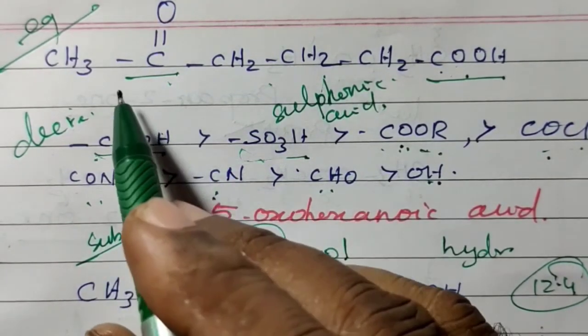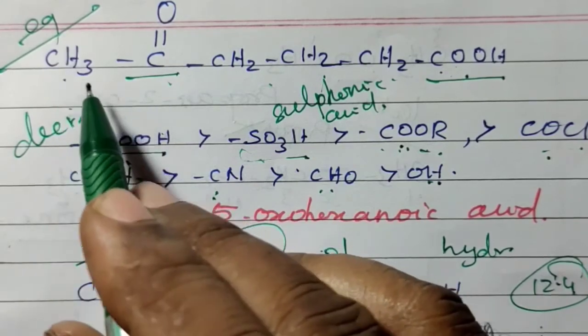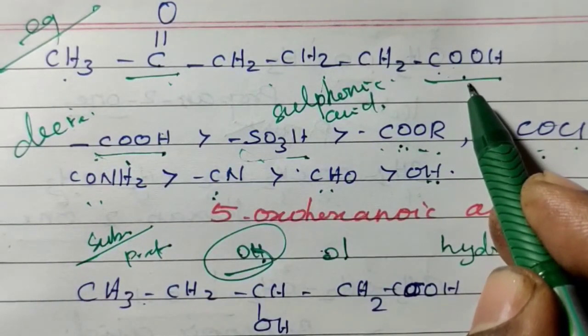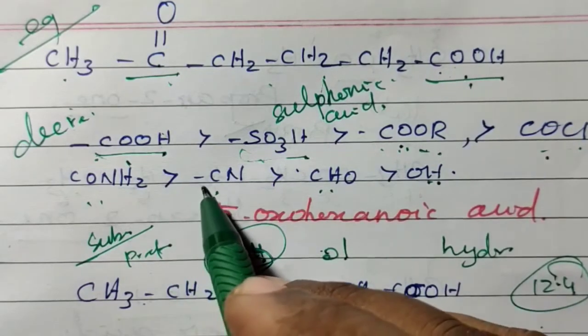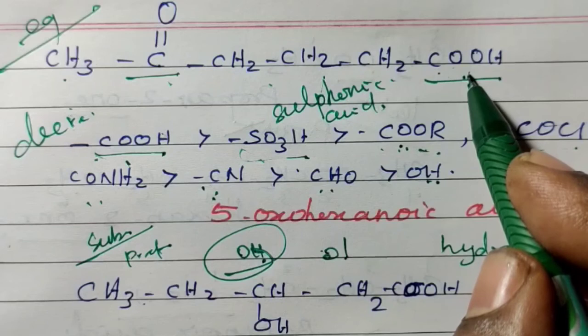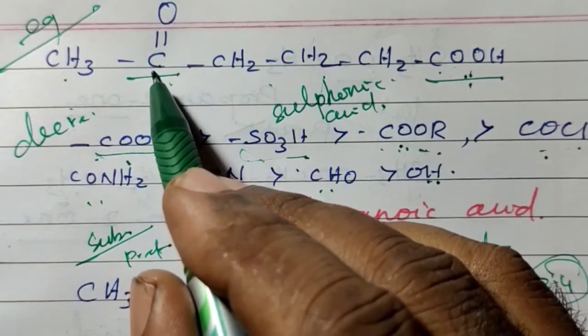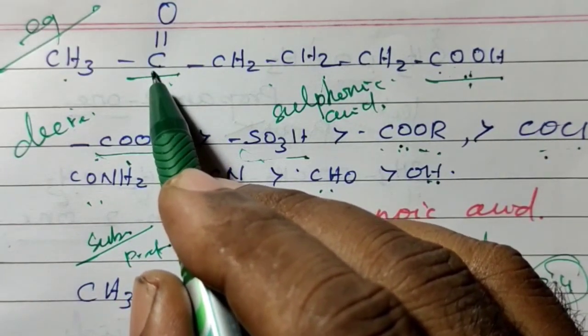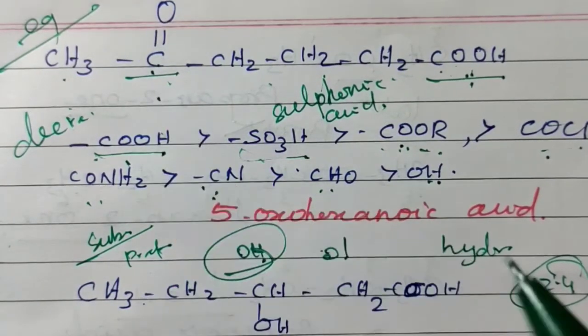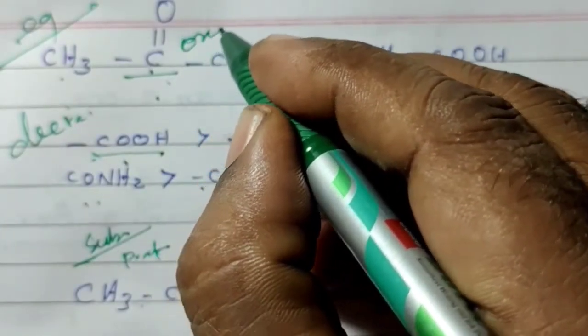Now we will start writing the name of this compound. Here a keto group and a carboxylic acid group are present. So as per this order of priority, we can understand carboxylic acid is the functional group. This C double bond O keto group acts as a substituent. When the keto group acts as a substituent, its name is oxo.